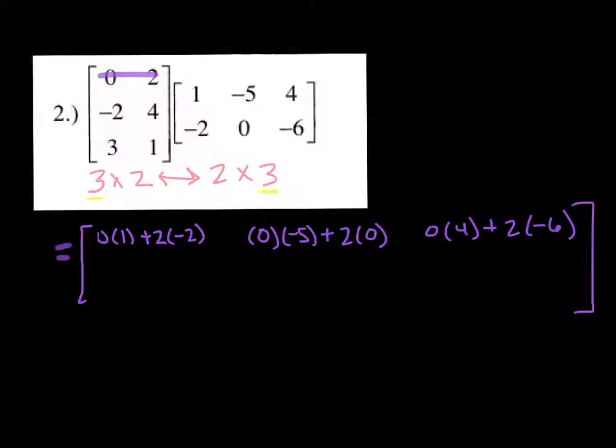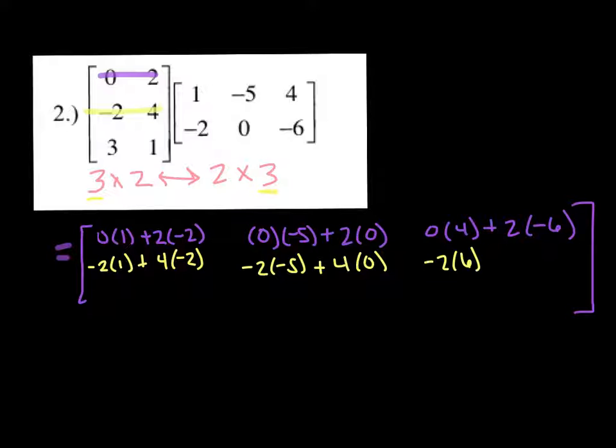row, which is -2 and 4. So -2 times 1 plus 4 times -2. -2 times -5 plus 4 times 0. -2 times 6 plus 4 times negative 6.